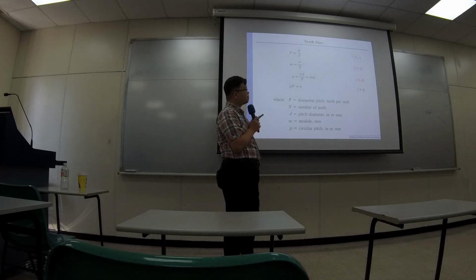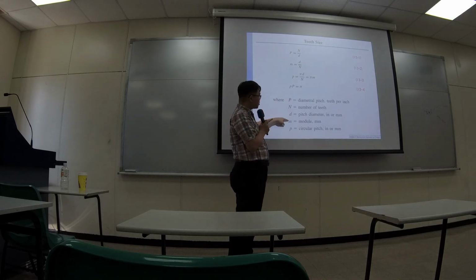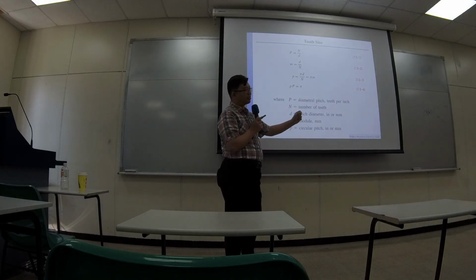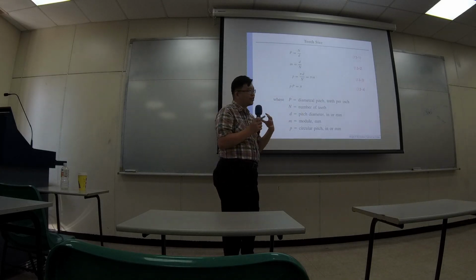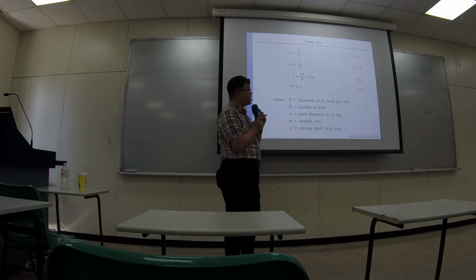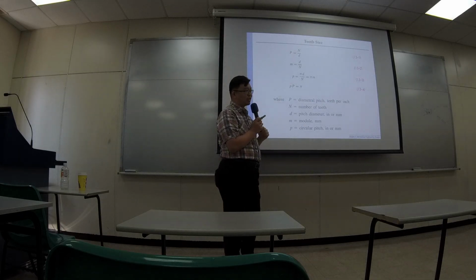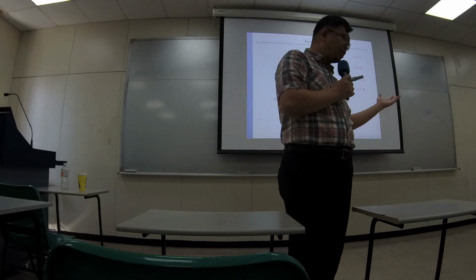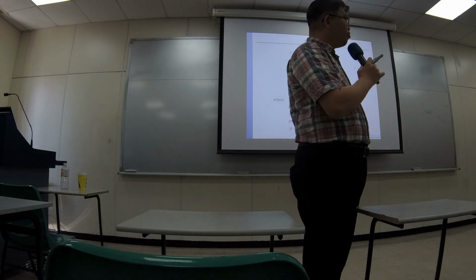So usually those numbers are given by the manufacturer. Because the way the gears were being manufactured is not so easy. It's not like you have a CNC machine, and then you design how you make the cuts, and then you have your gear.